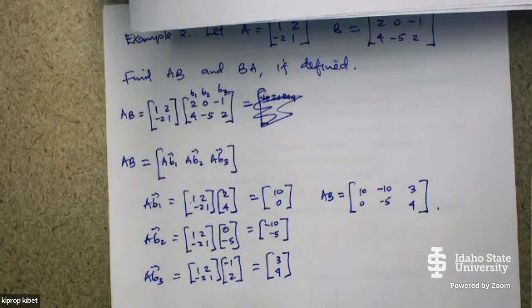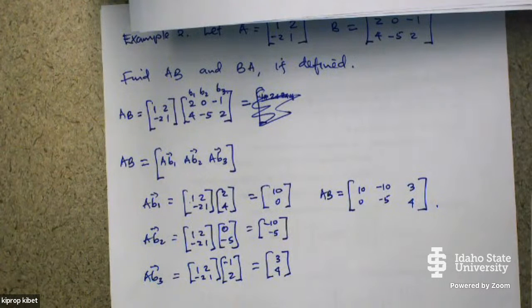Now, what about BA? BA is multiplying B, which is 2, 0, negative 1, 4, negative 5, 2, by 1, 2, negative 2, 1. Looking at this, is the number of columns in B equal to the number of rows in A?